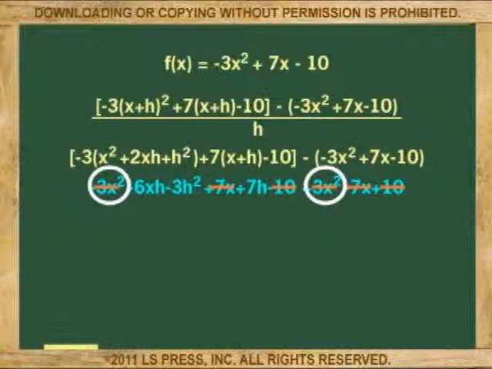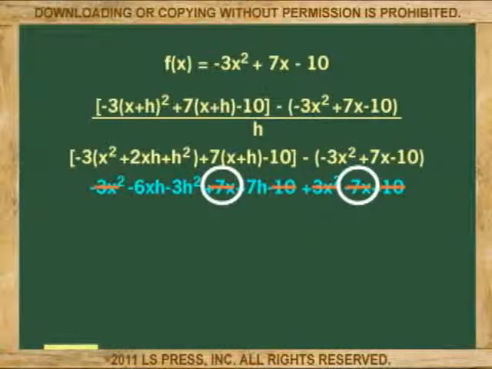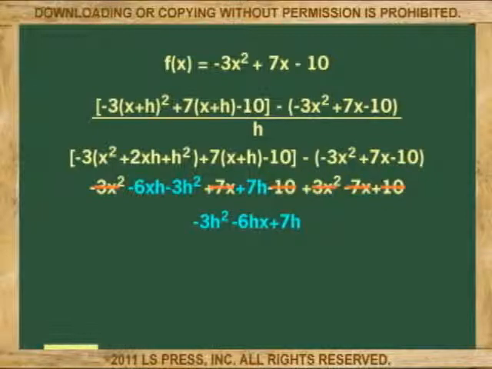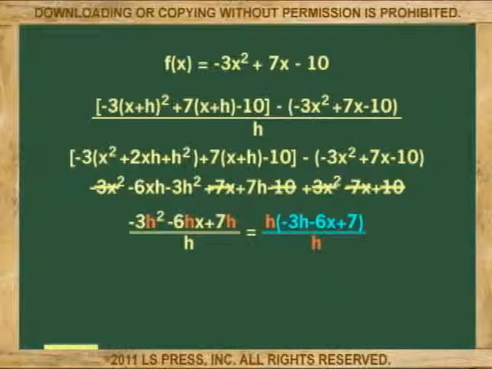The 3x squared, the 7x, and the 10s get cancelled, leaving behind negative 3h squared minus 6hx plus 7h, all of it divided by h. We factor the common h out and cancel the h in the numerator with the h in the denominator. And finally, we simplify the derivative to negative 3h minus 6x plus 7.